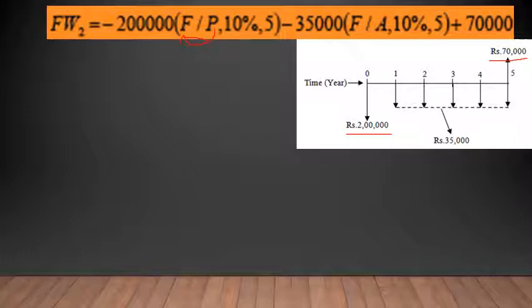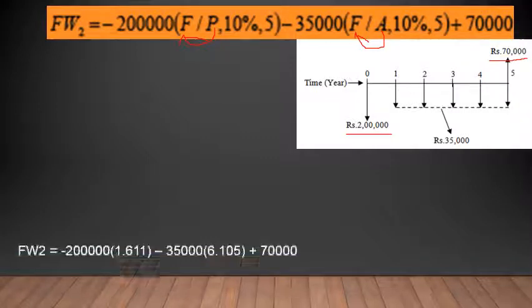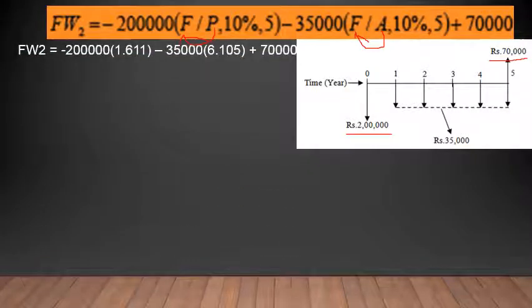So then 35,000 is A, convert that into F using the factor F by A. Since there are 5 number of flows, N will be 5. And finally 70,000. It is already F, so there is no need for any further conversion. Substitute the values from the factor table. We will get it as minus 465,875.